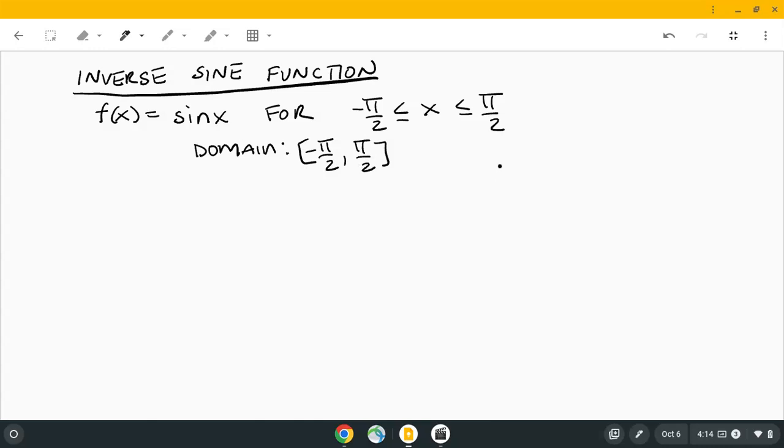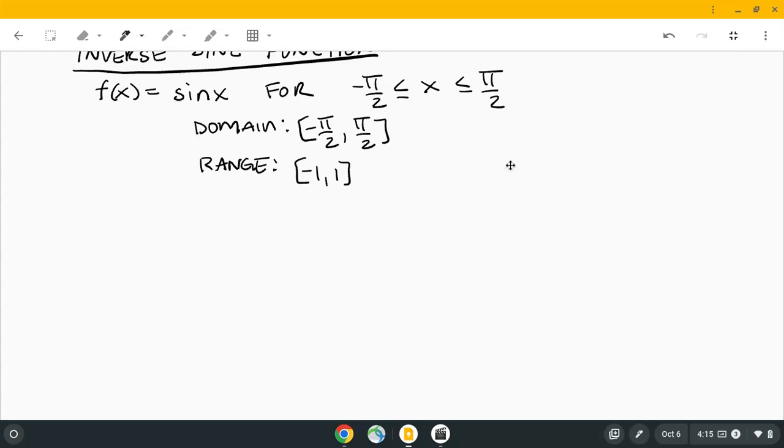Okay. Our range is still going to be the same. The highest it's going to be is 1. The smallest it will be is negative 1. So when we talk about the inverse trig functions, we actually have two notations for it.